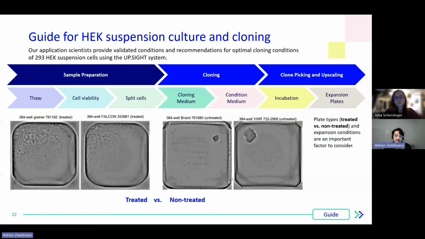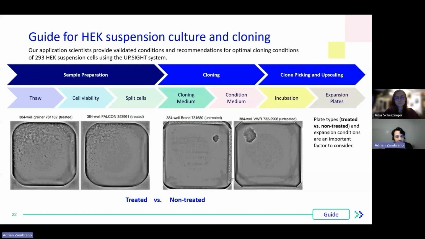And one final step was looking into the well plates, whether they were treated versus not treated, and what would be the effect. We've taken this experiment basically comparing two treated plates and two non-treated. So you see these labels also, the exact part number of the plates we have chosen.